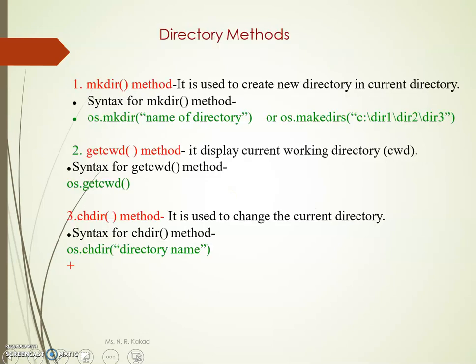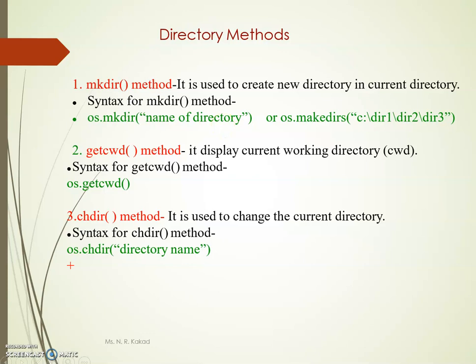So let us see the methods to perform operations on a directory or a folder. First method is mkdir. This method creates a new directory in the current directory. The syntax is os.mkdir and then the name of the directory in double quotes.